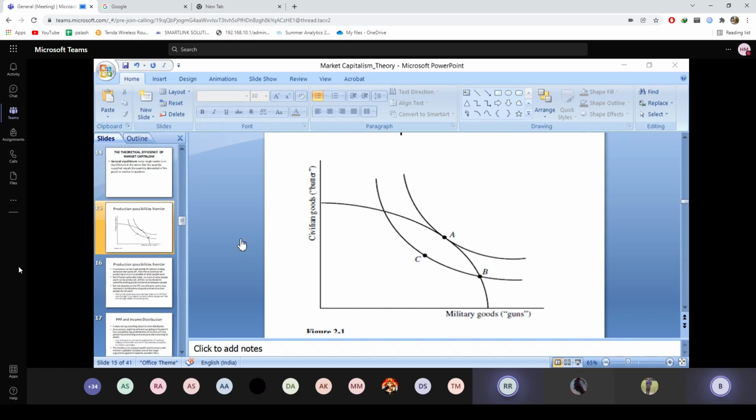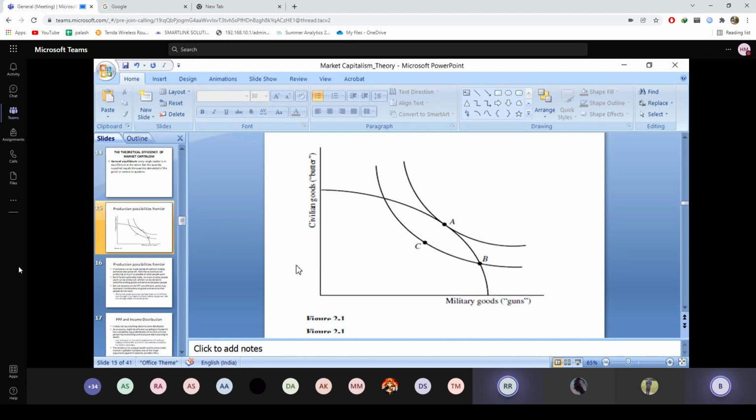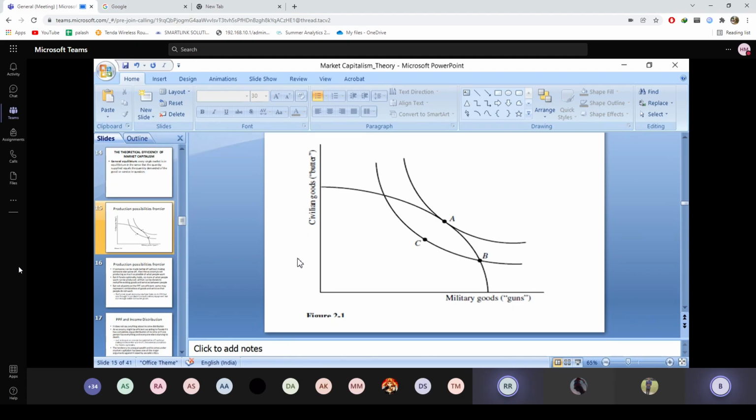Have you seen this graph before or are you seeing it for the first time? Production possibility frontier. Are you all there? Dev, Vidip, are you there?